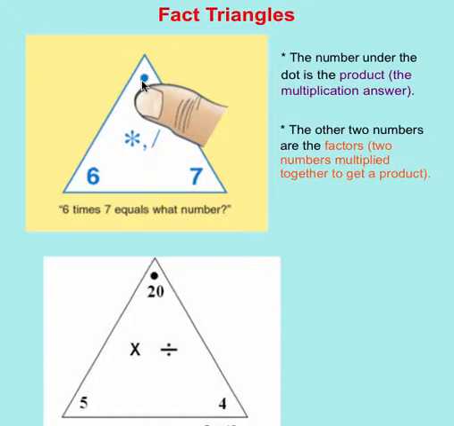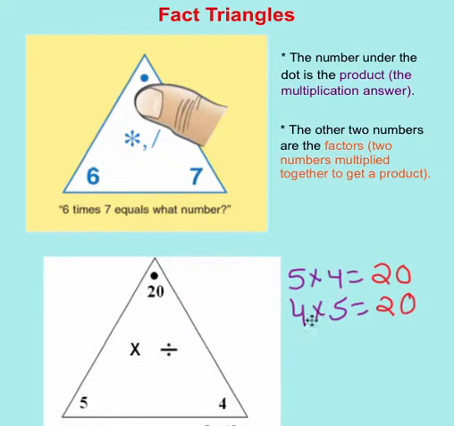I have an example down below. We would say that 5 times 4 is equal to our product of 20. Likewise, turnaround fact, 4 times 5 is equal to 20. Our product is 20, and our factors are 4 and 5.